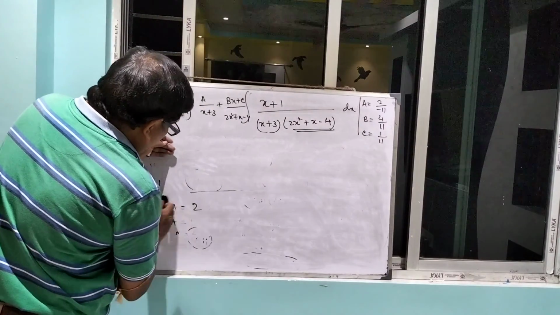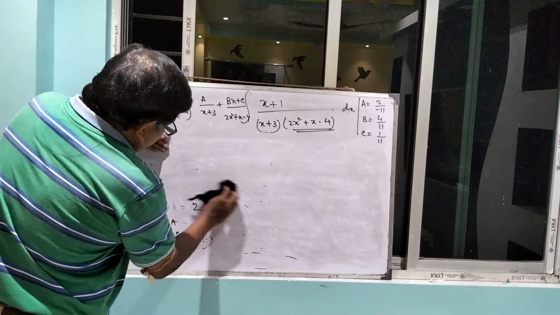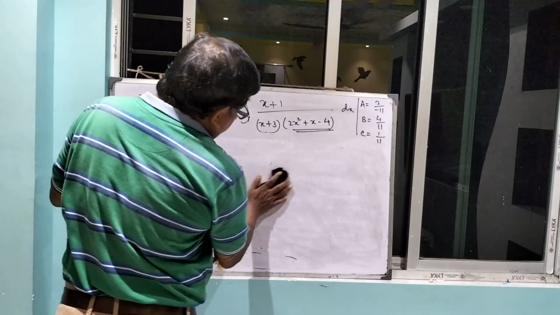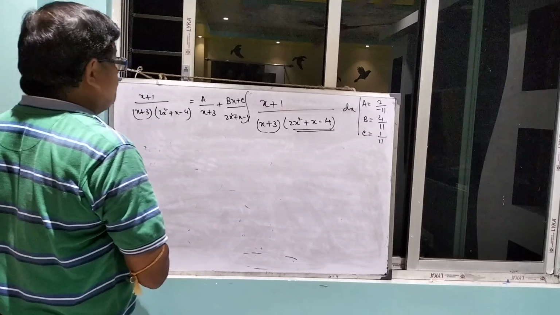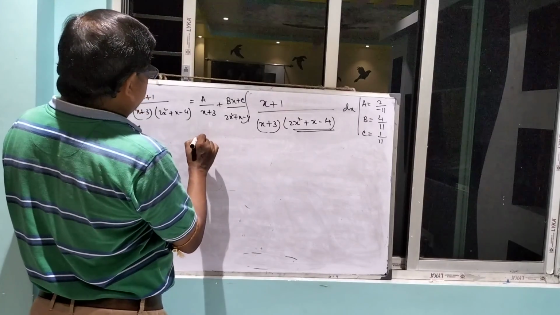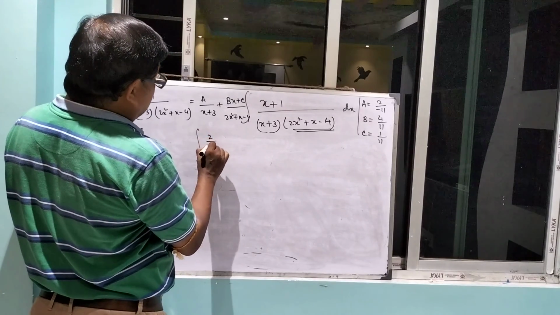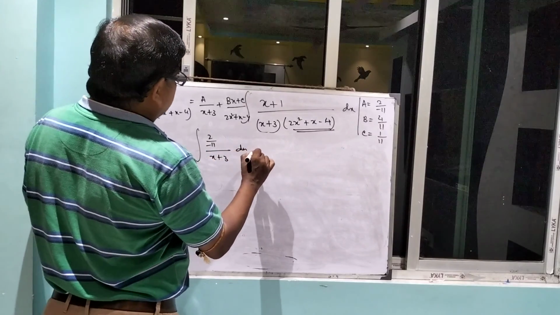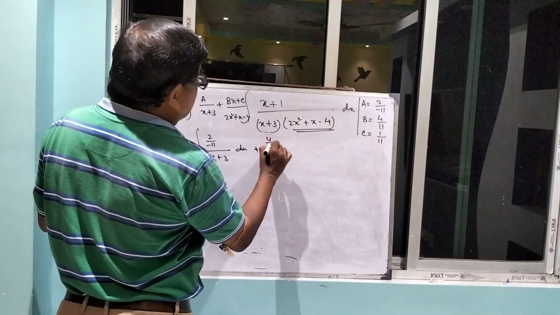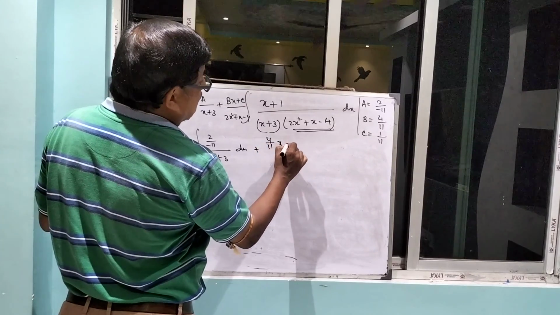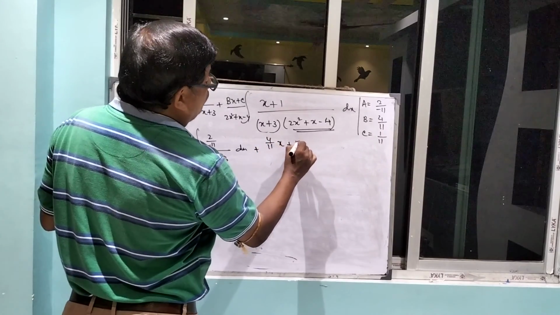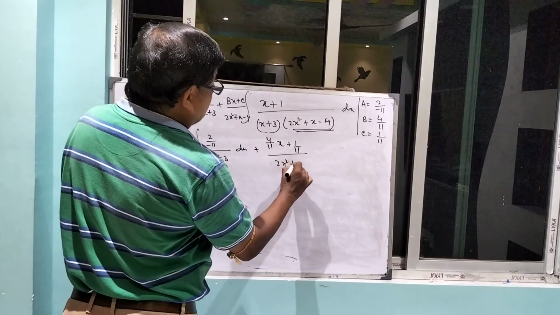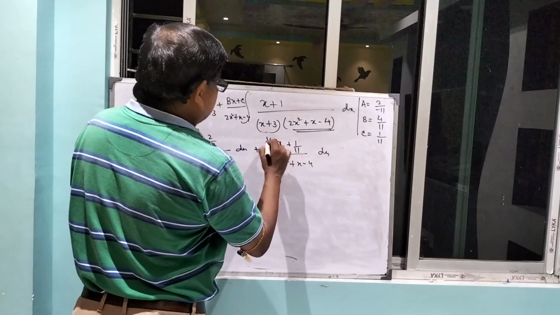If you take simple functions, then it will be very easy. Say the integration: a by that, that is 2 by minus 11 by (x plus 3) dx, plus (bx plus c), 4 by 11 x plus 1 by 11, by (2x square plus x minus 4) dx.